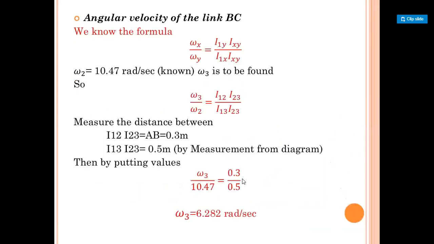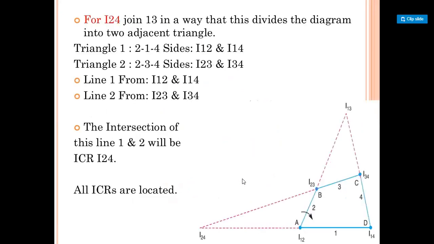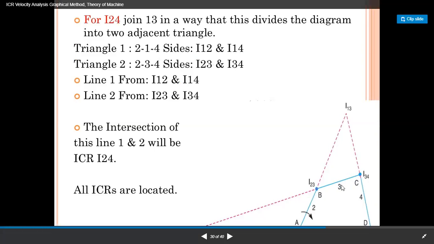Now we have to solve for the angular velocity of link BC, which is omega 3. Link BC is link number 3. AB is the second link, so omega 2 is already given.